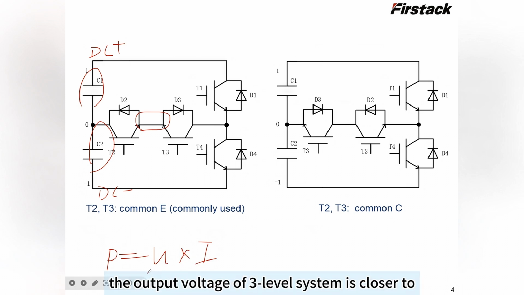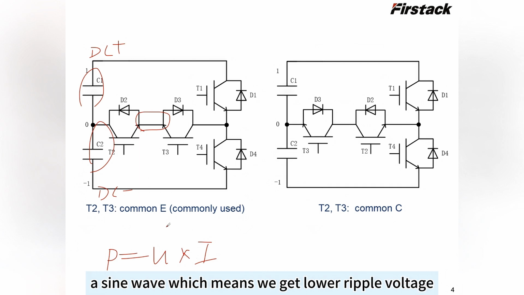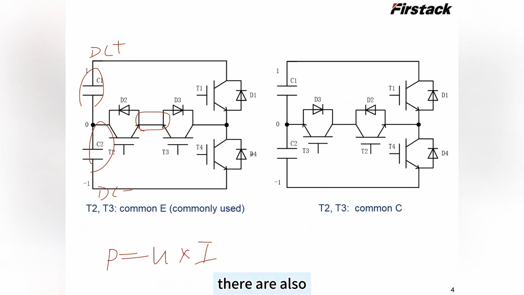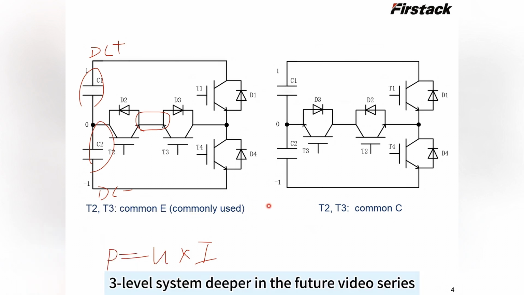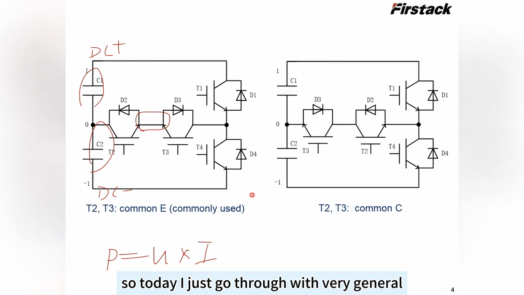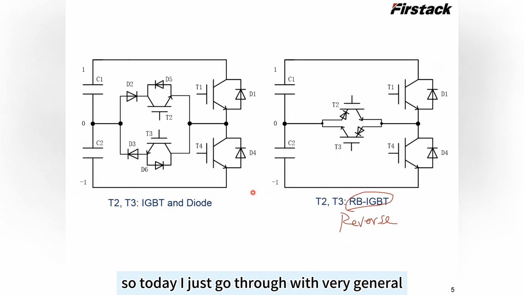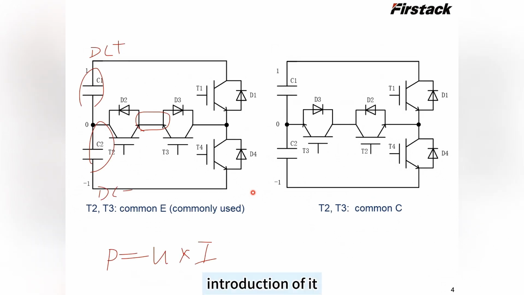And also, the output voltage of the three-level system is closer to a sine wave, which means we get lower ripple voltage. There are also some other benefits. If you have interest, we can also introduce the three-level system deeper in a future video series. So today I just go through a very general introduction of it.